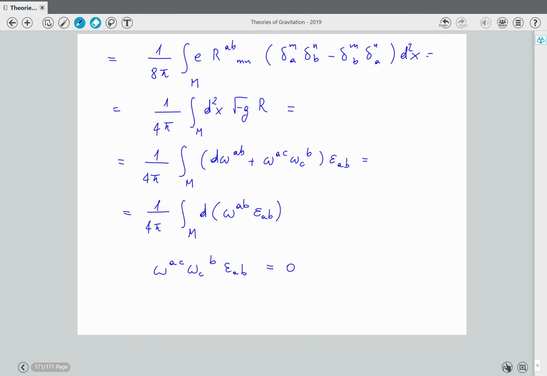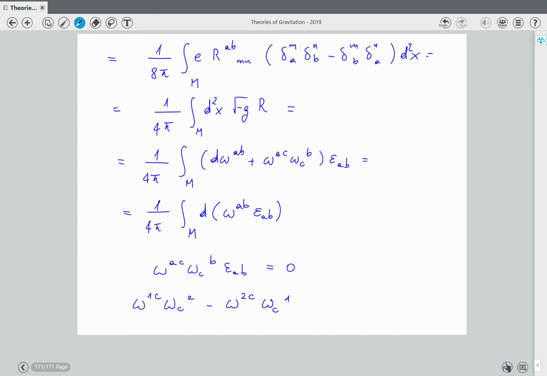Why? Because epsilon_{AB} can only be epsilon_{12} or epsilon_{21}. So A and B can be only 1, 2 or 2, 1.